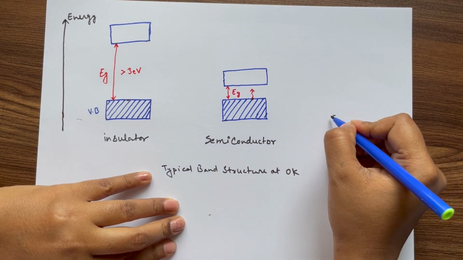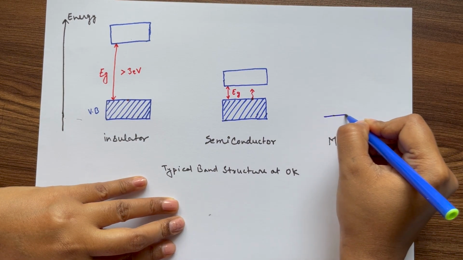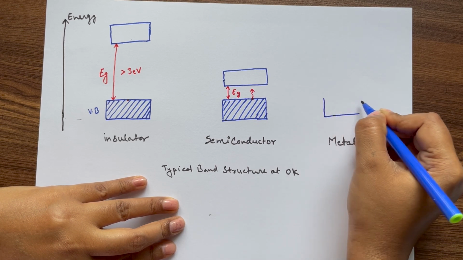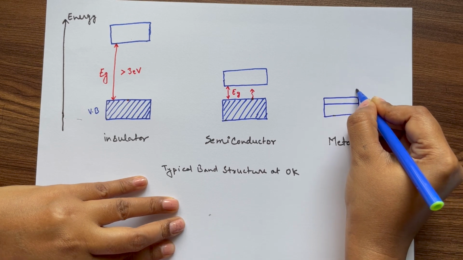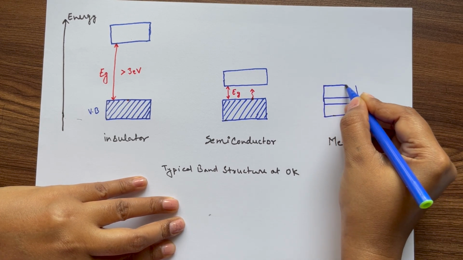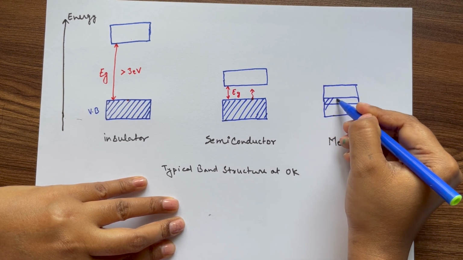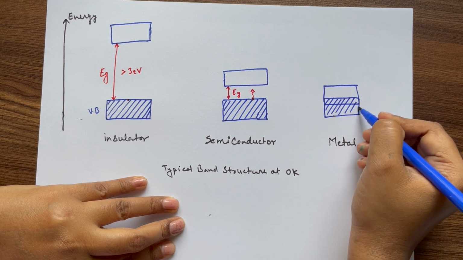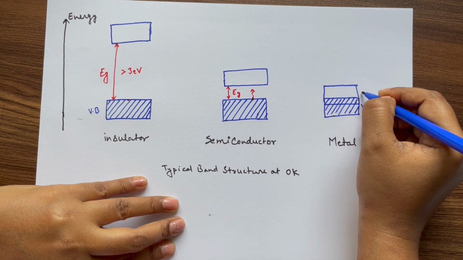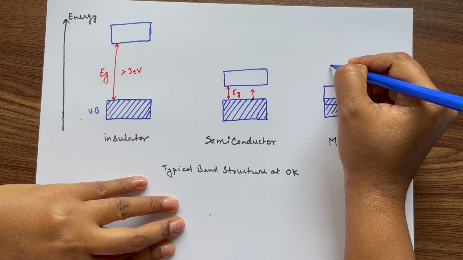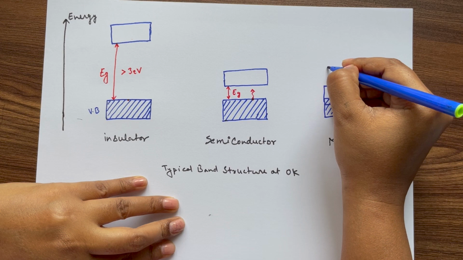In metals, these bands, that is valence band and conduction band, either overlap. This is overlapping of valence band and conduction band, or it is partially filled.